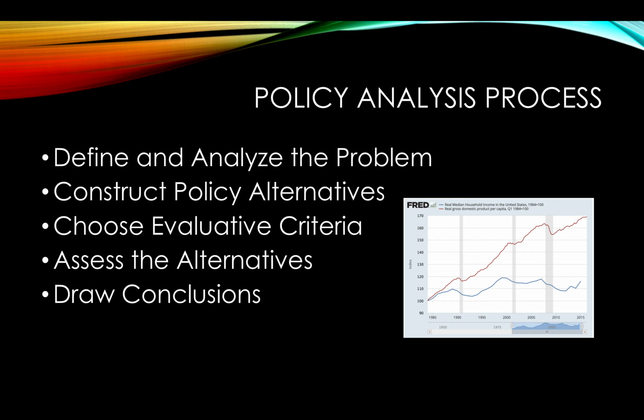We also need to choose an evaluative criteria. So what criteria are appropriate for the problem and the alternatives? What is the cost of that alternative? What is the likely effectiveness of these alternatives? So we need to worry about what is effective versus what is ethical.